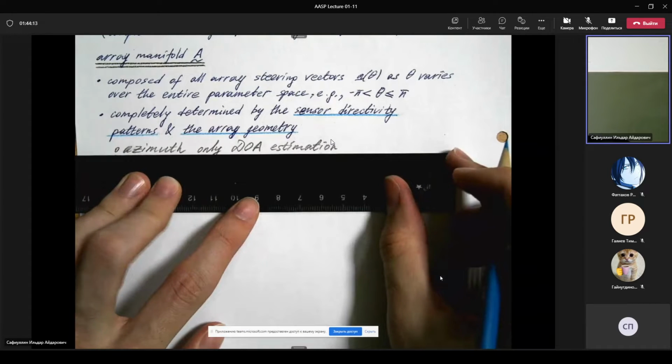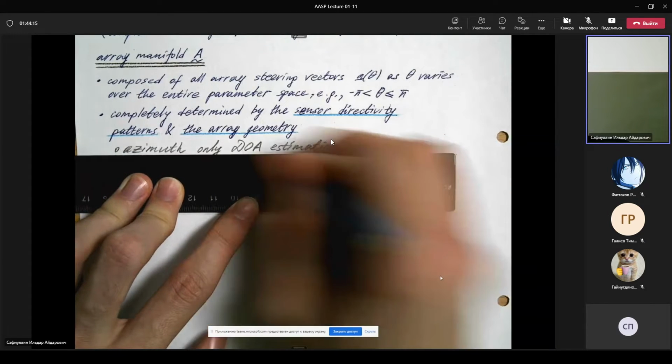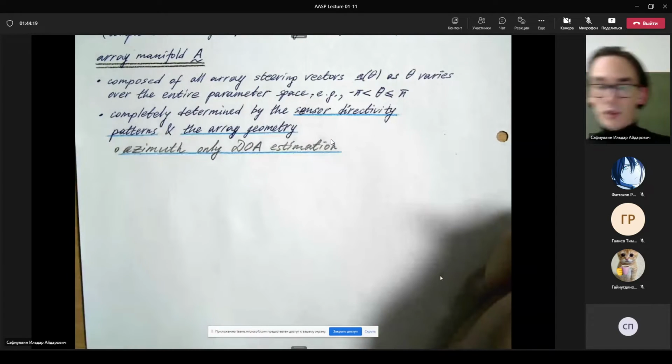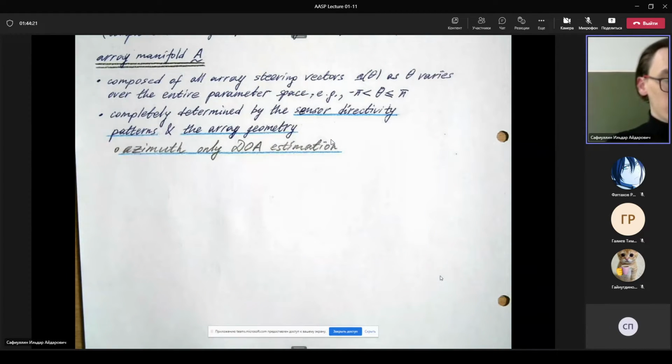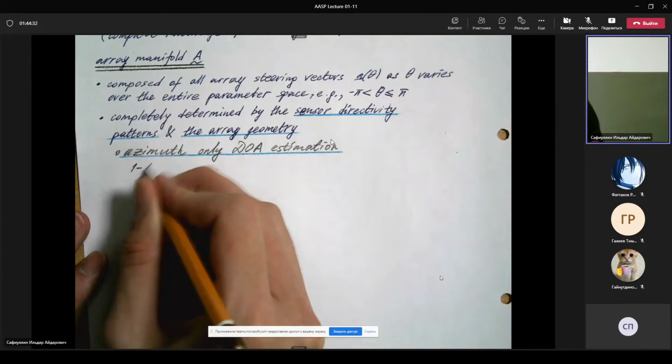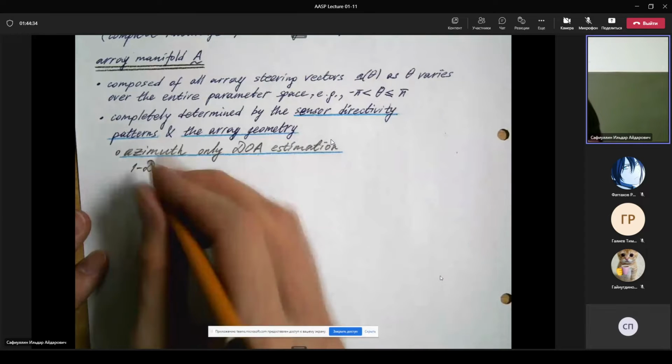Then for this example, our array manifold will be one dimensional because we have only one parameter to change. So it is a 1D manifold.